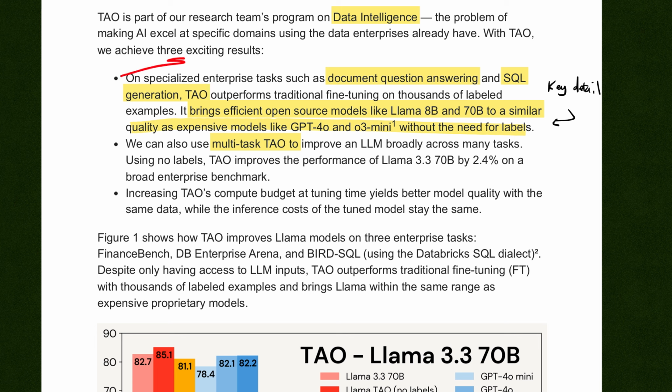The three main results that they talked about in this article are great performance in document question answering and SQL generation, a multitask version of the test time adaptive optimization performing better on many other tasks, and showing that TAO scales with the compute budget for the tuning phase, so you can increase that tuning budget, and the more you use the model, the better it gets.